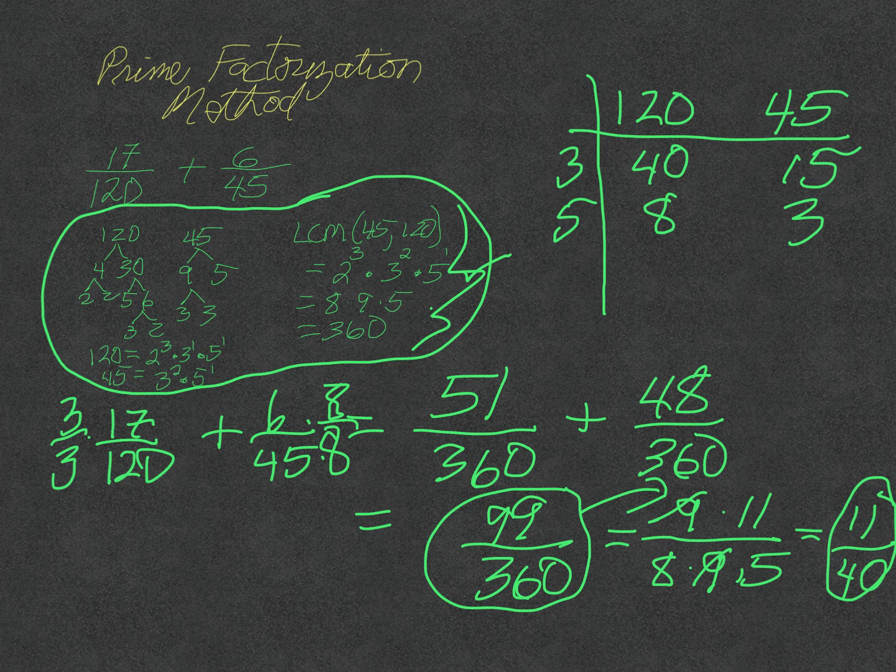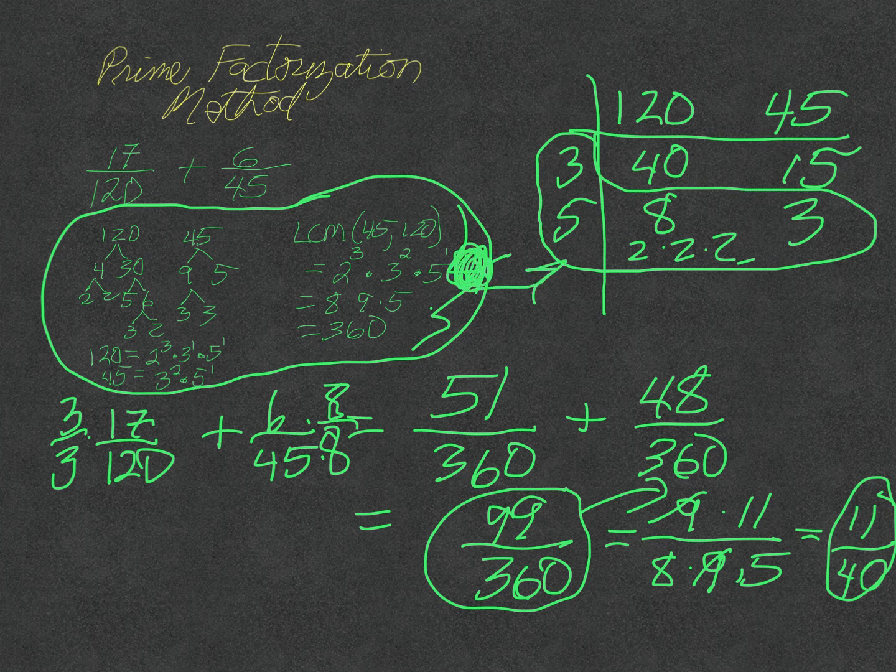And then there's nothing that goes into the 8 and 3. So the least common multiple is 3 times 5 times 8 times 3. Or if you wish, 8 is 2 times 2 times 2, you can break that down. And there are all the prime numbers, and that's exactly what we got right here. It gives us the same method.